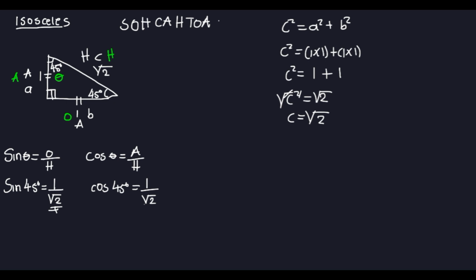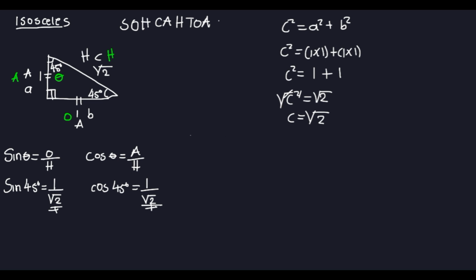From these two special angles, we can see that sine 45 and cos 45 have the same value. You can try to prove that on a calculator and you're going to get the same value. So the special angles that you need to have in mind are just these values. Where there is sine 45, you substitute with 1 over root 2, and cos 45 is 1 over root 2 also.